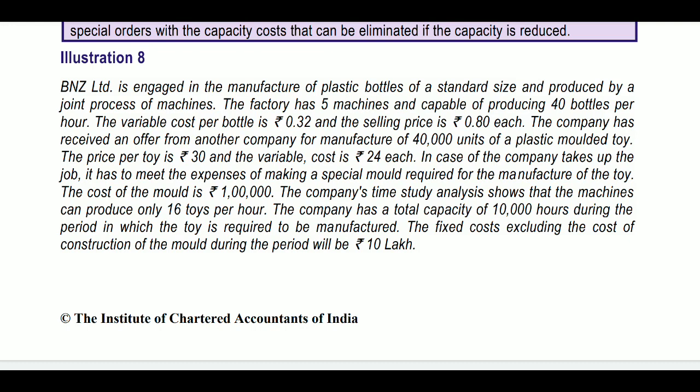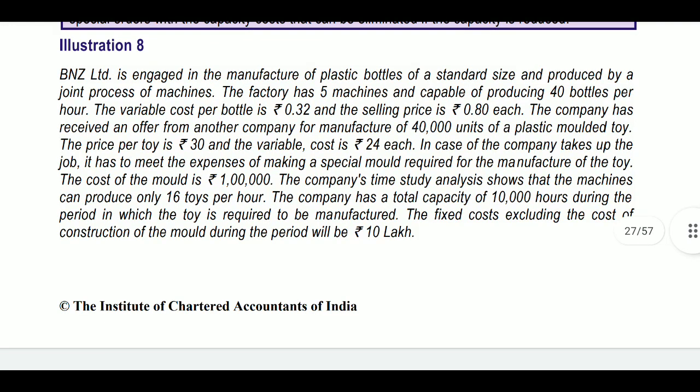Next, the company's time study analysis shows the machines can produce only 16 ties per hour. How much time do we require for total manufacturing? 40,000 units we require. The company has a total capacity of 10,000 hours.